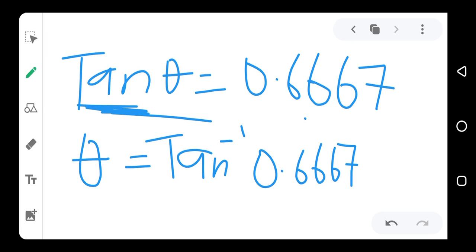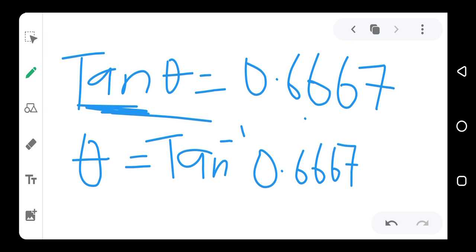Every scientific calculator also has arctan. It is always the second function that is placed on tan. So you see a tan with minus 1 on top of it. You press it and enter this value 0.6667, or you can use your 4-figure table to also get it.